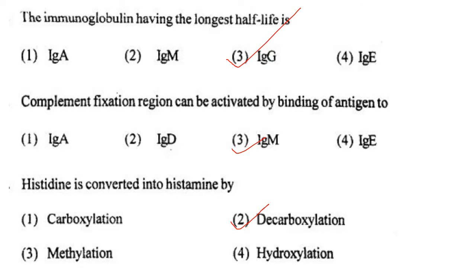Complement fixation can be activated by binding of antigen to option 1, IgA, 2, IgD, 3, IgM, 4, IgE. Answer is option 3, IgM. Histidine is converted to histamine by option 1, carboxylation, 2, decarboxylation, 3, methylation, 4, hydroxylation. Answer is option 2, decarboxylation.